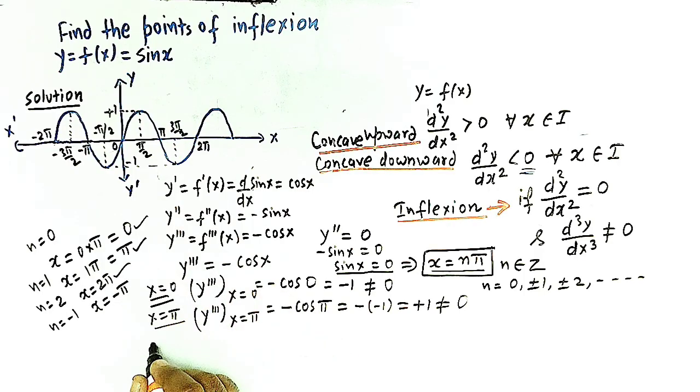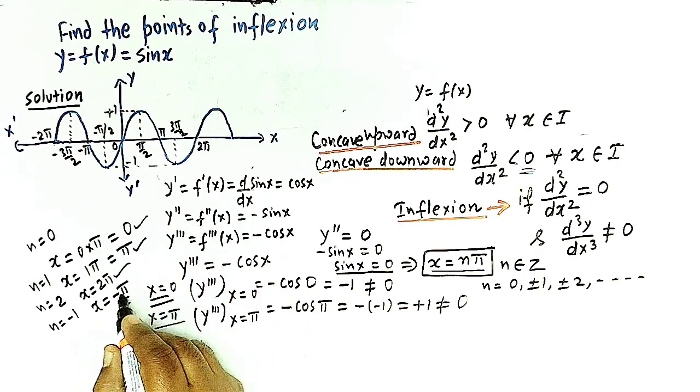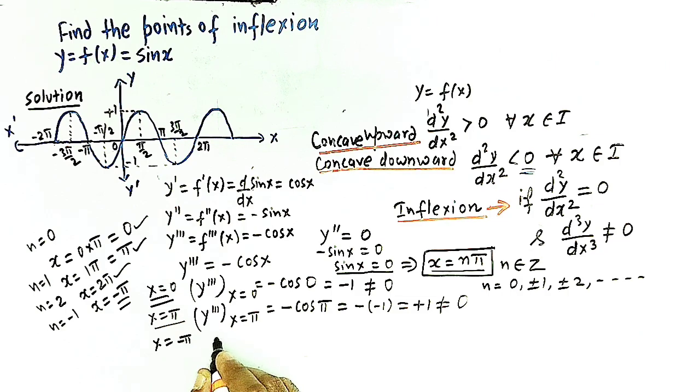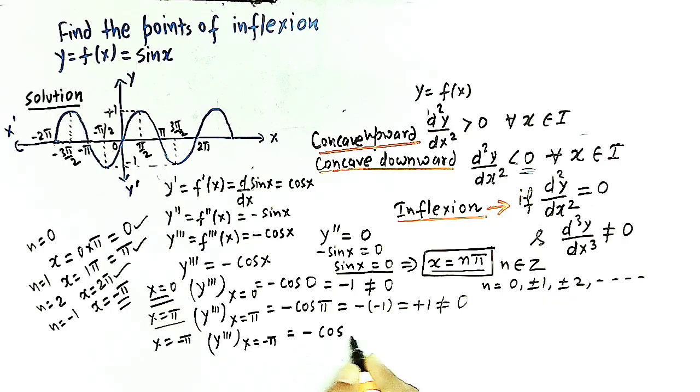Similarly, for x is equal to minus π, we have the third derivative equal to negative of cosine of minus π.